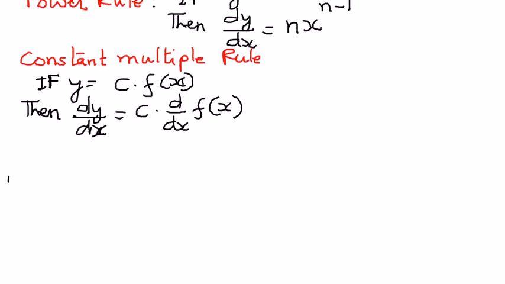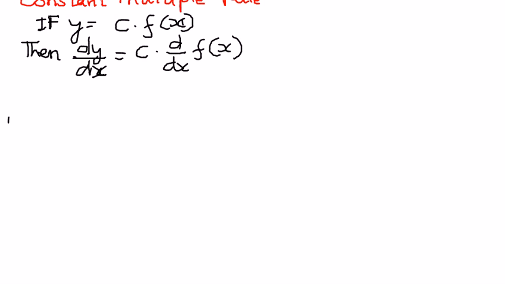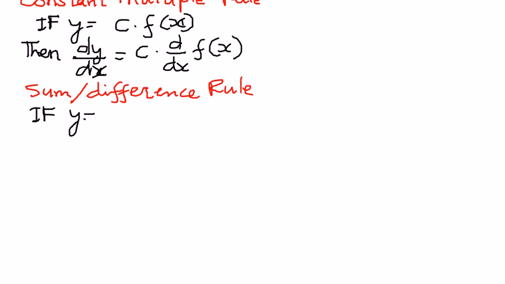Then the next one we want to talk about is called the sum or difference rule. Let me write here, sum or difference rule. It may so happen that we have a function like this: y is equal to f of x plus g of x. f of x could be a function, g of x could be another function, or we could have y is equal to f of x minus g of x.